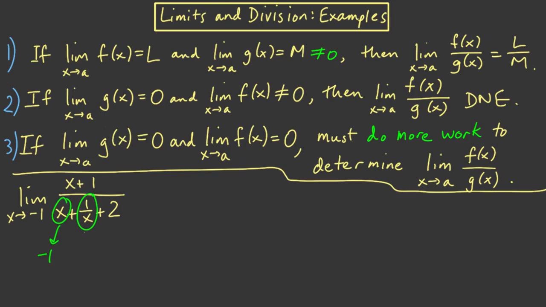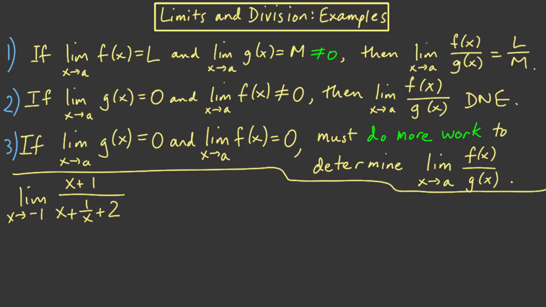The 1 over x term is approaching 1 over minus 1, which is minus 1. And the 2 is just 2. So this denominator overall is approaching minus 1 plus 2, which is 0. And the numerator, as x approaches minus 1, is also approaching 0. So this is our third case of the division limit law. We have to do more work in order to figure out this limit.